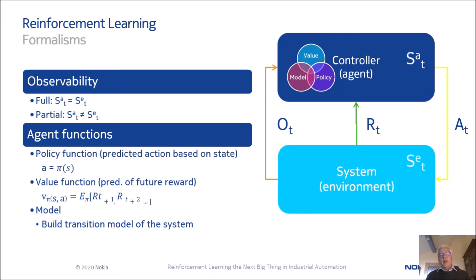There's also a value function, which makes a prediction: what kind of reward do I get if I see a state and a corresponding action, and what is the expected reward I will see in the next step? And last but not least, we can implement a model, which is more or less a transition model of all those states, actions, and rewards together, and gives you an idea how the complete machinery works.